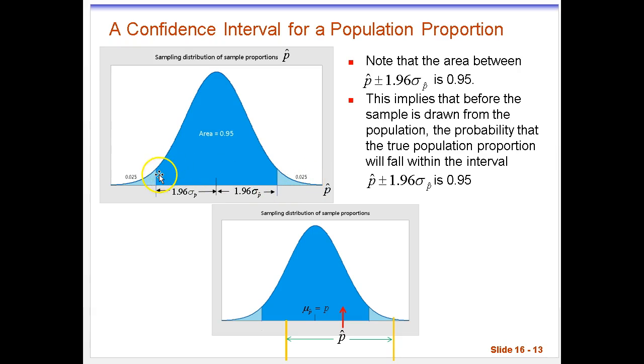How much area will there be in the center? There has to be 0.95 because the total area under this curve always has to equal 1. Okay, that's all great. We're going to use 1.96 every time we do a calculation involving a 95% level of confidence.